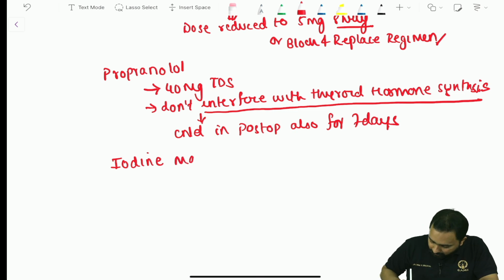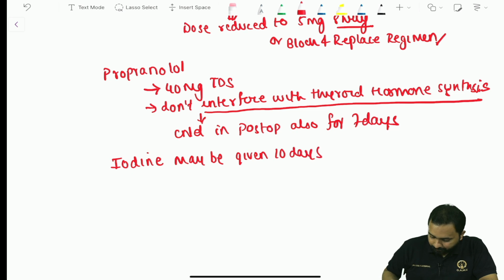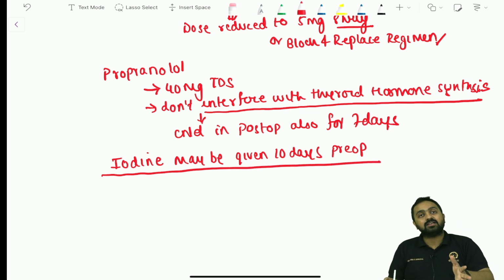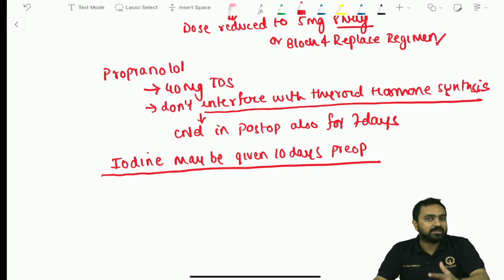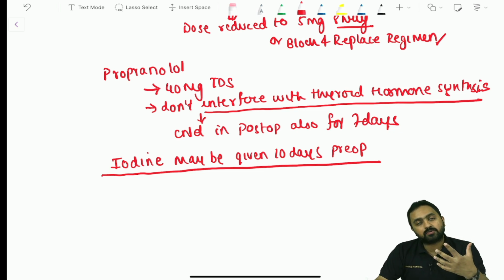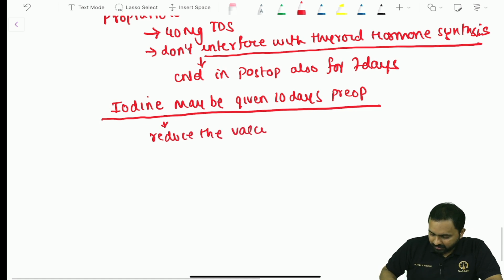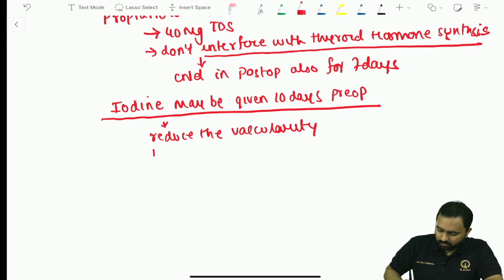Now, another important aspect is regarding iodine. It may be given 10 days pre-op. If you have been in your surgical ward, you must have seen your residents or seniors asking to give the patient iodine solution before the patient is posted for total thyroidectomy. Why iodine? It is seen to reduce the vascularity, and it also causes transient remission.